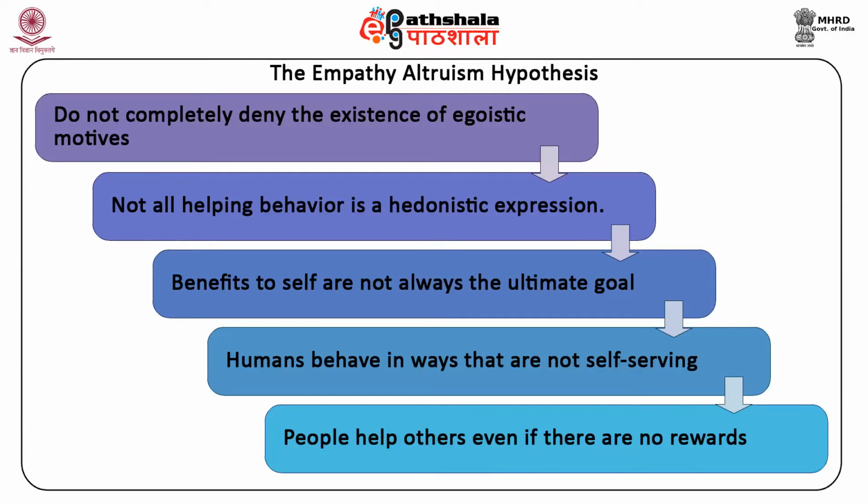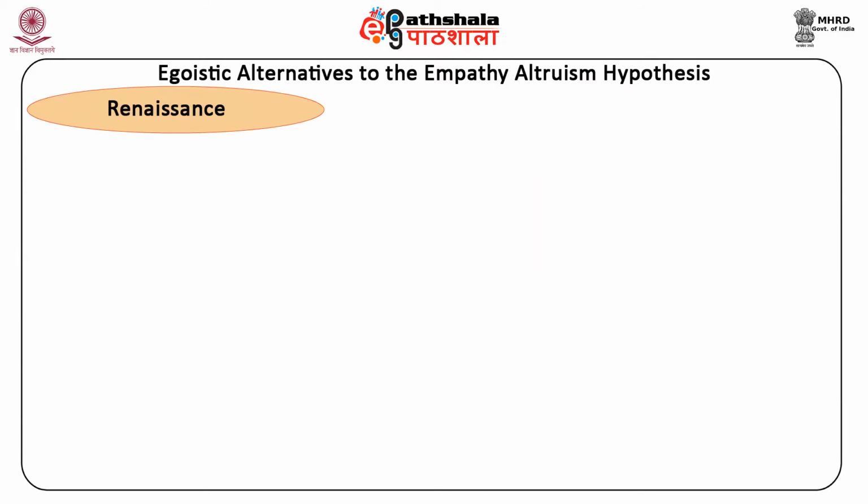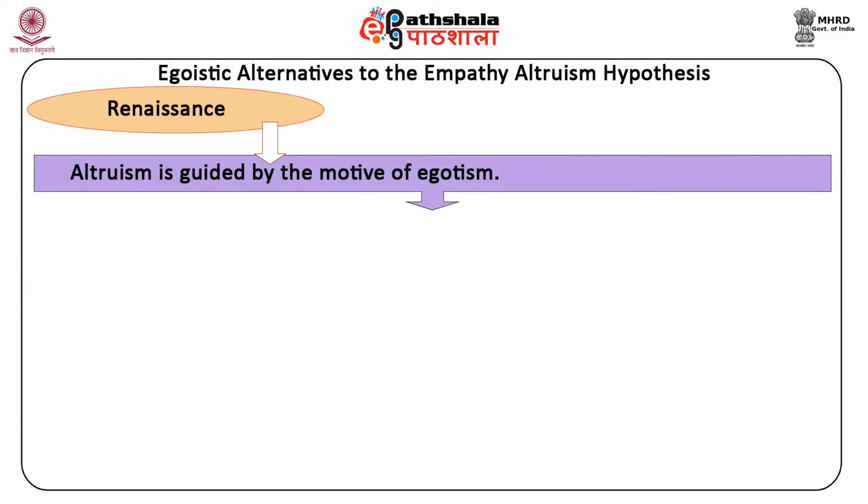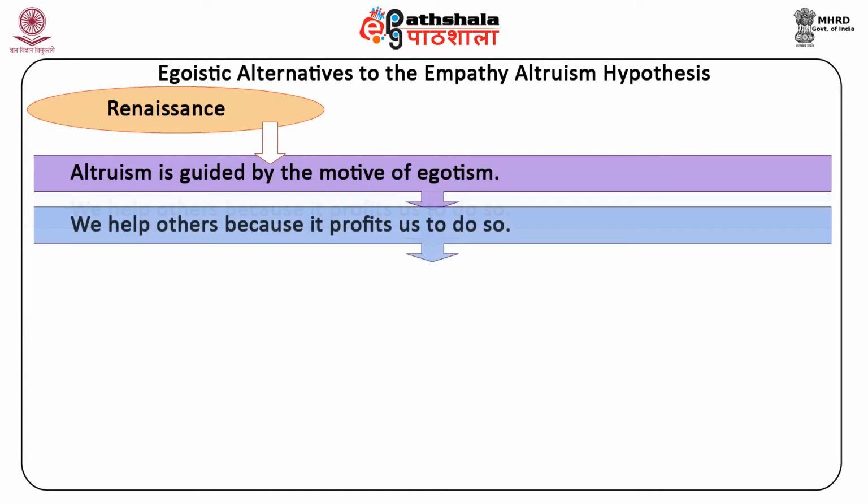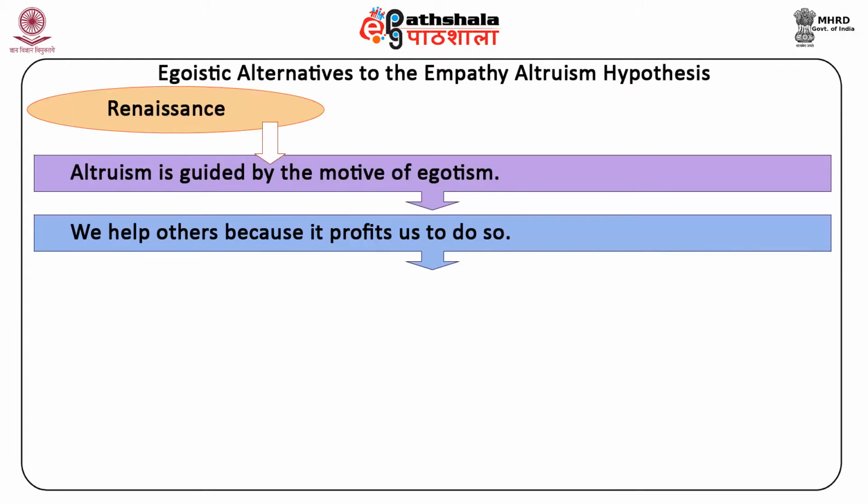Since the Renaissance, the dominating notion has been that altruism is guided by the motive of egotism, and modern scholars hold on to the position that we help others because it profits us to do so.